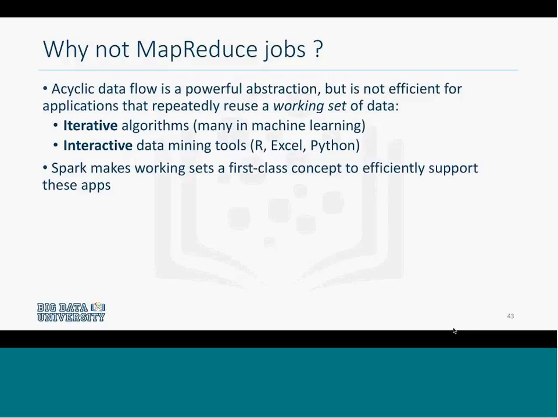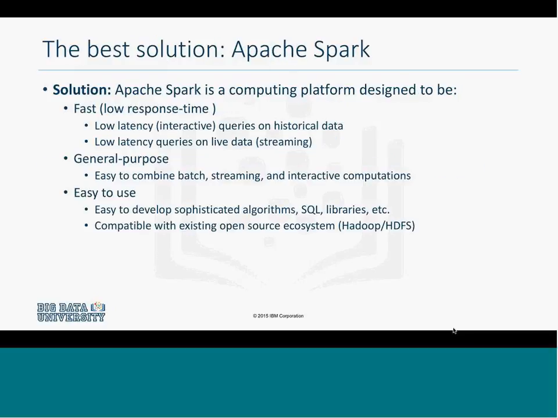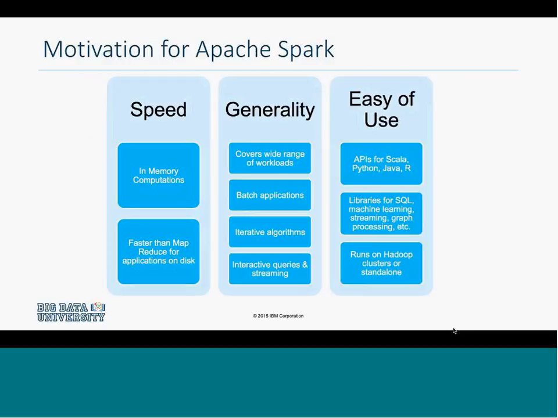Other than that, it's not interactive. Like you cannot start sending a query and see the result and again send and see the result. Always you have to send as a batch. So Apache Spark has solved this problem of speed, generality, and ease of use. It would be very easy to use.